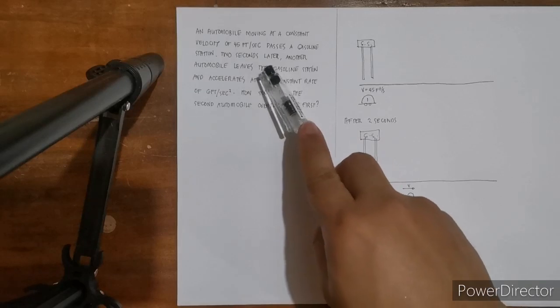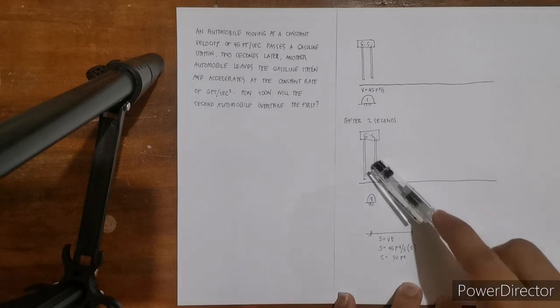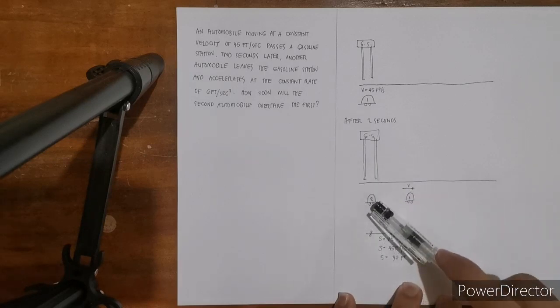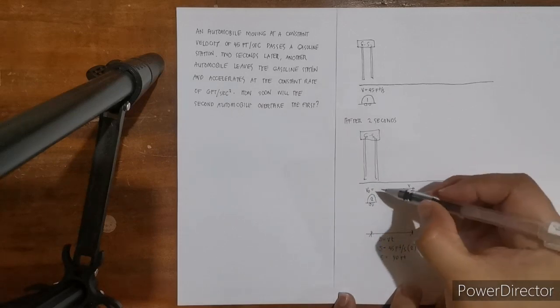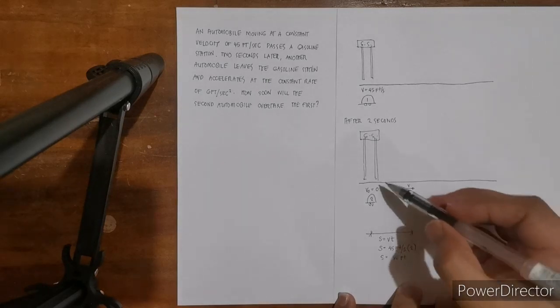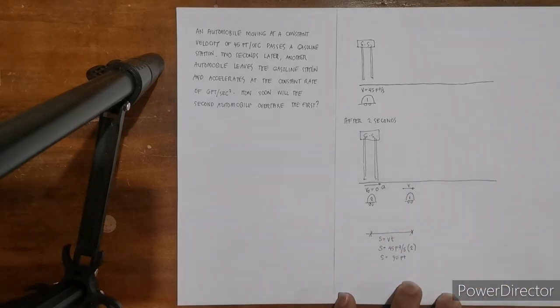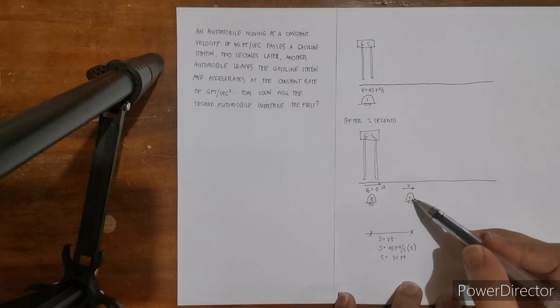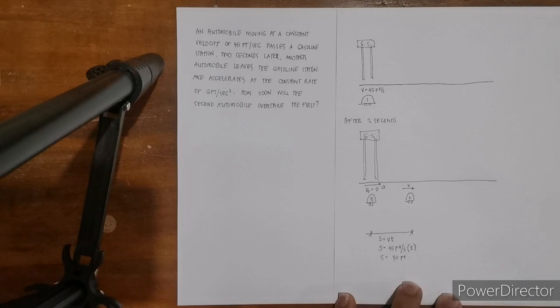Since sinabi dun sa ating problem na leaves, ibig sabihin, right at this point, yan yung ating starting position of car 2 or automobile 2. Since sinabing leaves, ibig sabihin nun, the initial velocity of second automobile is equivalent to 0. And then, it will move at a constant acceleration. Car 1 is moving at constant velocity, and then car 2 will move at a constant acceleration motion.